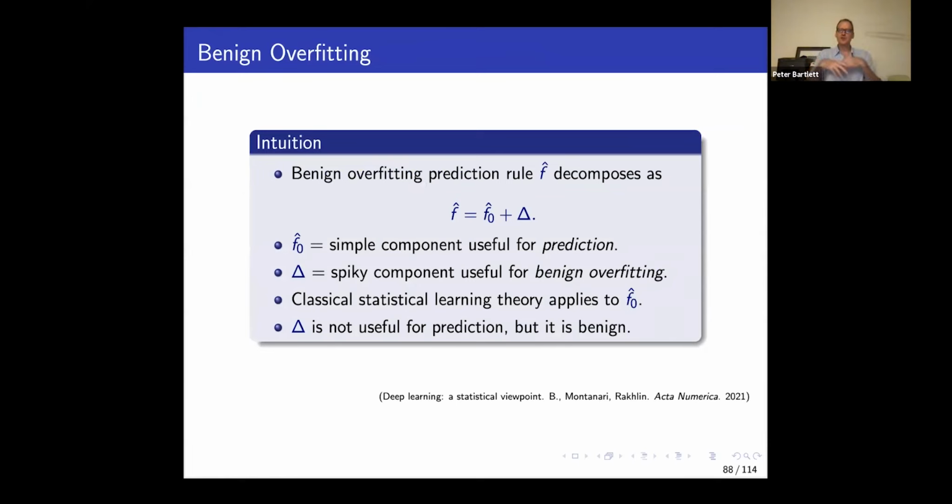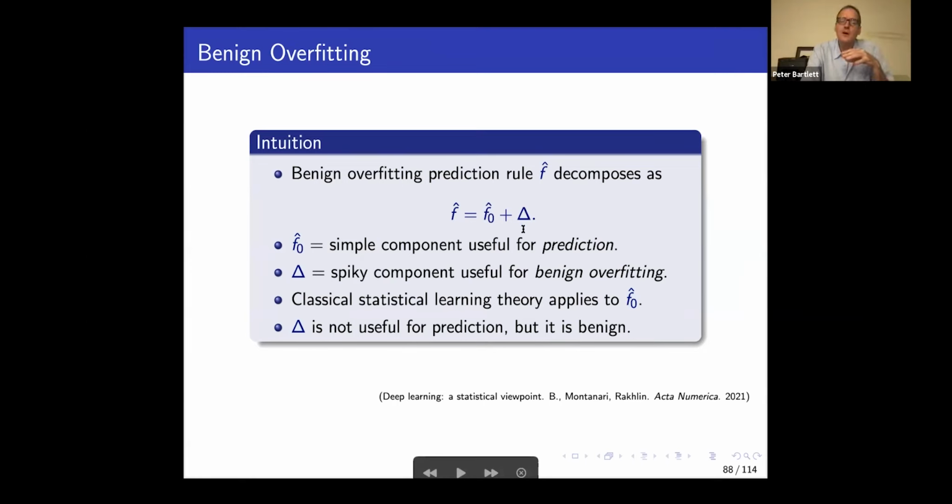the sort of high-level intuition here. In these settings where you fit too well to a regression loss in a noisy setting and still predict accurately, all of the cases that have been analyzed and that we understand have this kind of flavor that you can split the prediction rule you end up with into something that's simple, in the sense of the sort of machinery that I've been talking about today, and useful for prediction.